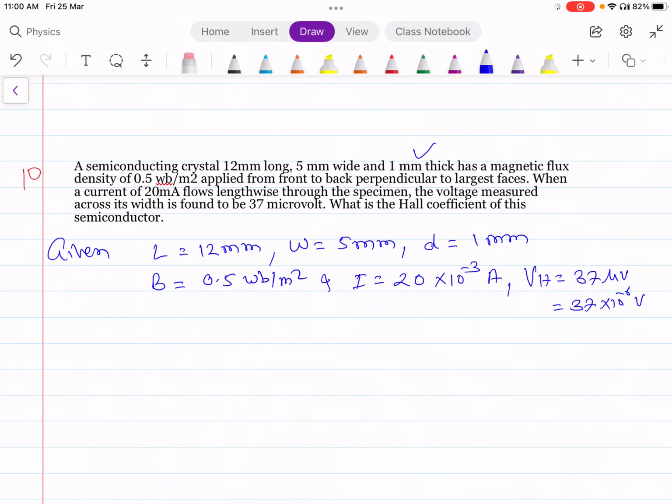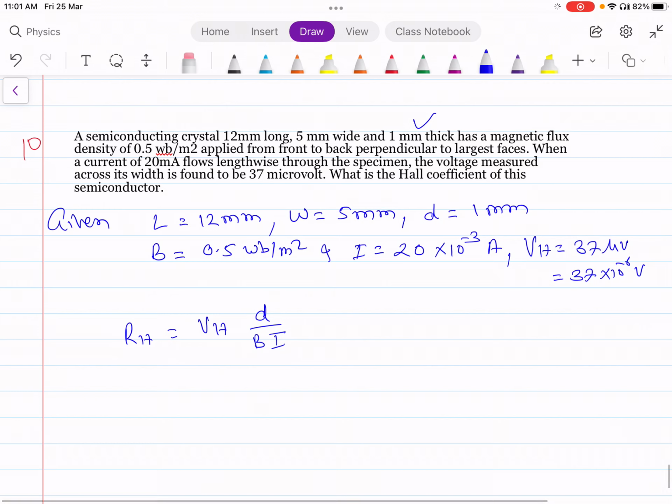We have the relation for Hall coefficient RH is equal to VH into D divided by B into I. VH is 37 into 10 raised to minus 6 volt, into D is 1 that is 1 into 10 to power minus 3 meter, divided by BI.